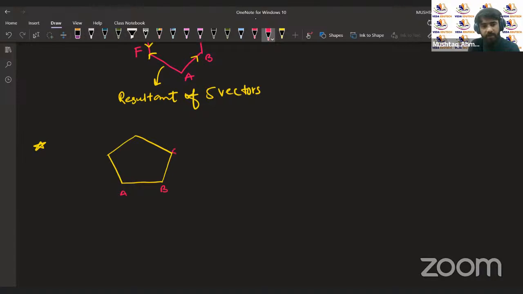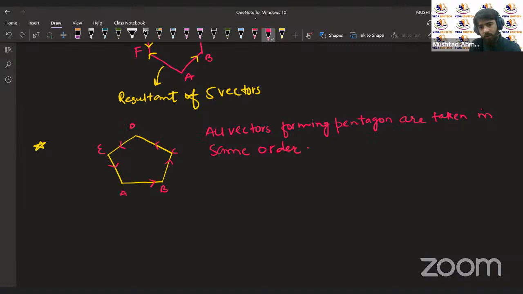This is a pentagon here, A, B, C, D, and E. Now these vectors, AB vector, BC vector, and all these vectors, all vectors forming the pentagon are taken in the same order.